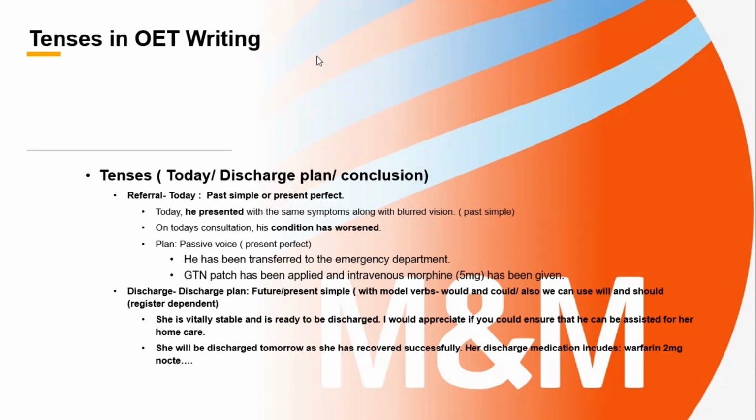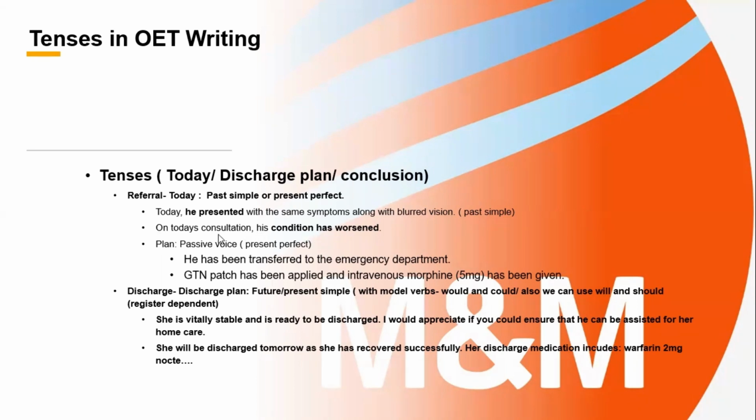This is one of the most frequently asked questions by candidates: why should we use the past simple tense when we are writing about today? To answer this question, even when you're writing a letter, at that time it was the near past, so we can use the past simple. And similarly, if there is an improvement or worsening of the condition, or the thing started in the past and either finished in the present or improved or worsened in the present, we can use the present perfect tense.